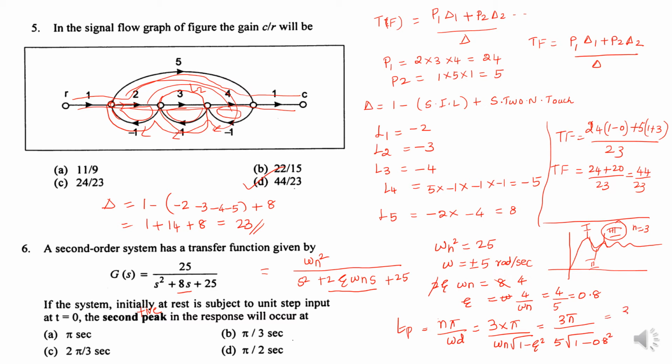So 3 pi divided by 5 into square root of 1 minus 0.64, since 0.8 squared is 0.64. So 1 minus 0.64 is 0.36. Square root of 0.36 is 0.6. So 5 into 0.6 is 3, and 3 pi divided by 3, the answer is pi. So pi is the correct answer for this problem, pi seconds.